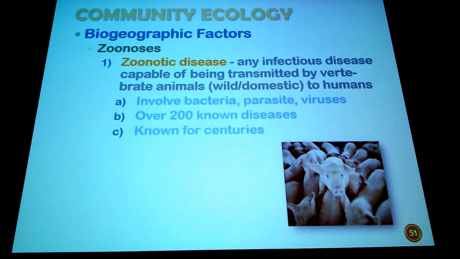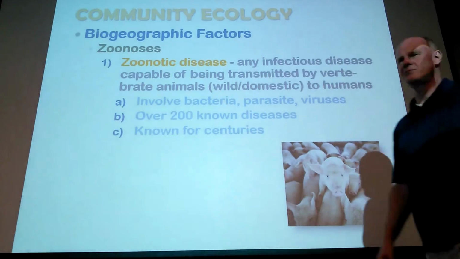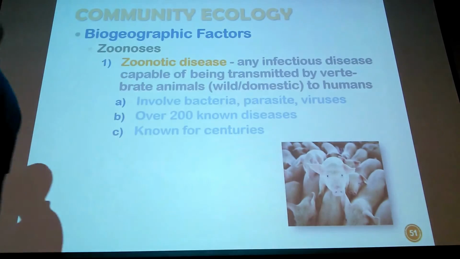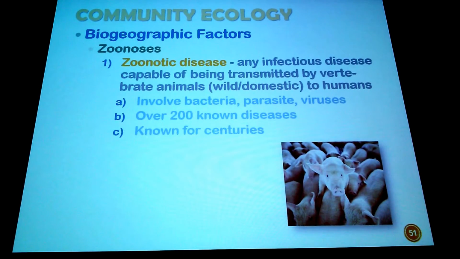Louis Pasteur, and he did it studying rabies. And he couldn't figure out how a rabid dog could pass rabies to a healthy dog. So what he did was he took a rabid dog, took the brain tissue out, and injected it into a healthy dog, and the healthy dog developed rabies.